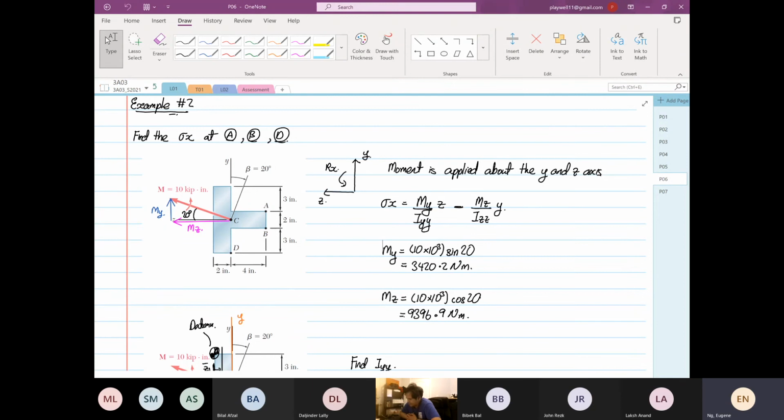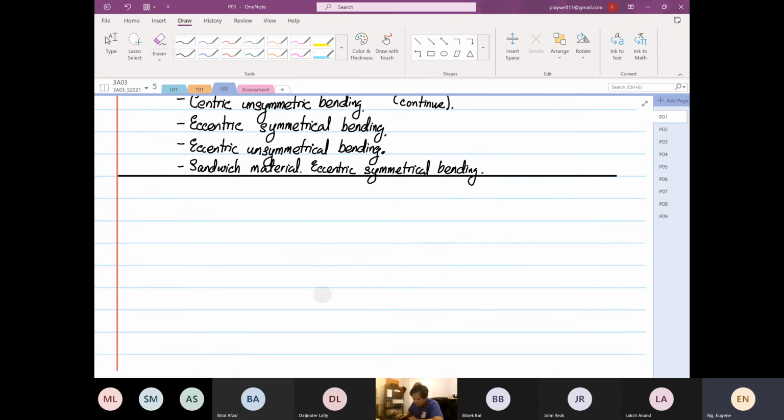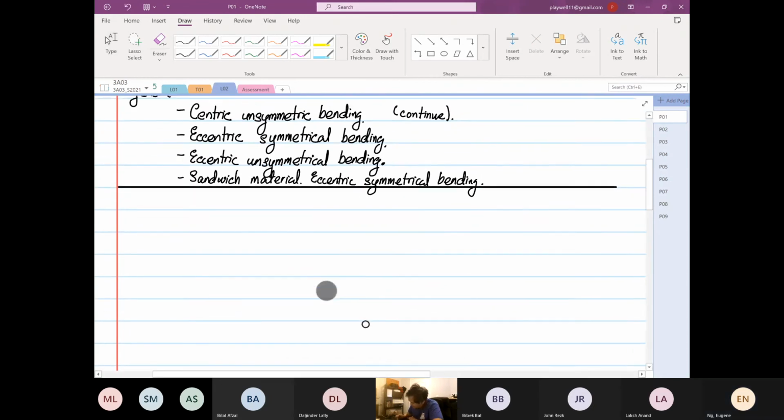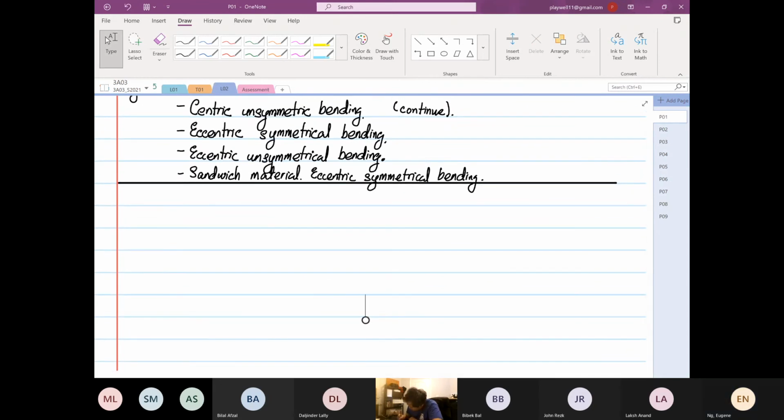Now the thing is how to find the position of the neutral axis, how to identify the neutral axis. So we are going to look again at centric unsymmetrical bending.